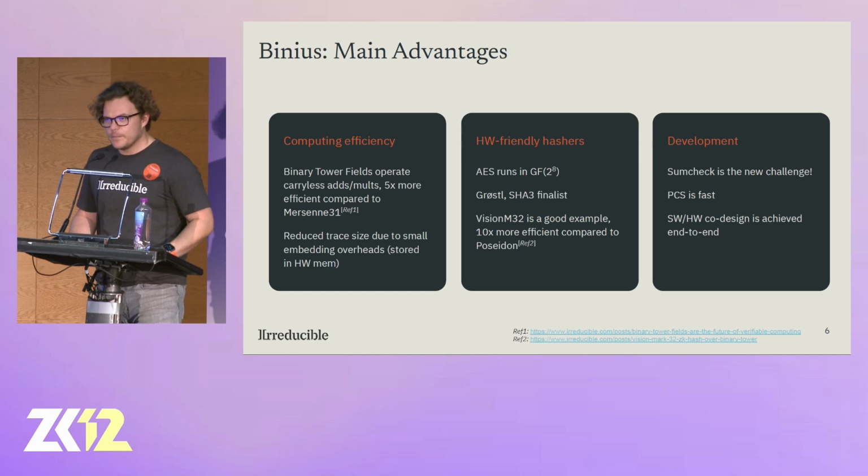Now, when it comes to development, this is where things start to differ from other proof systems that we were talking about. So first of all, the polynomial commitment scheme is fast. This was the bottleneck for Halo 2, Plonky 2, Plonky 3, like choose your own favorite SNARK or STARK from 2 years ago.